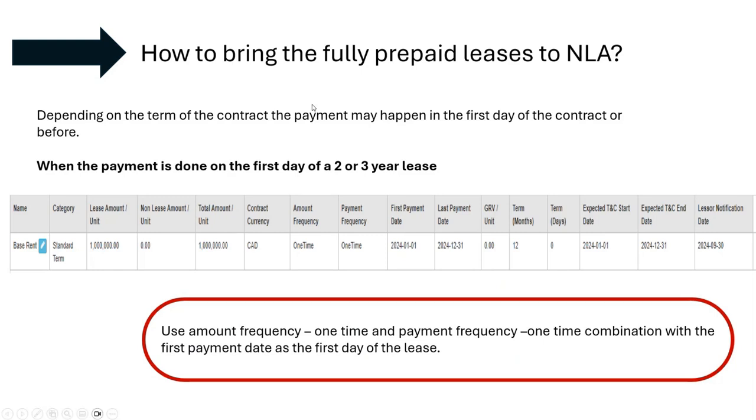One is when the payment is done on the first day of a 2 or 3 year lease. We can use the payment frequency one time combination with the first payment date as the first day of the lease. Here we have 1 million paid once on the first day of the 12-month lease.